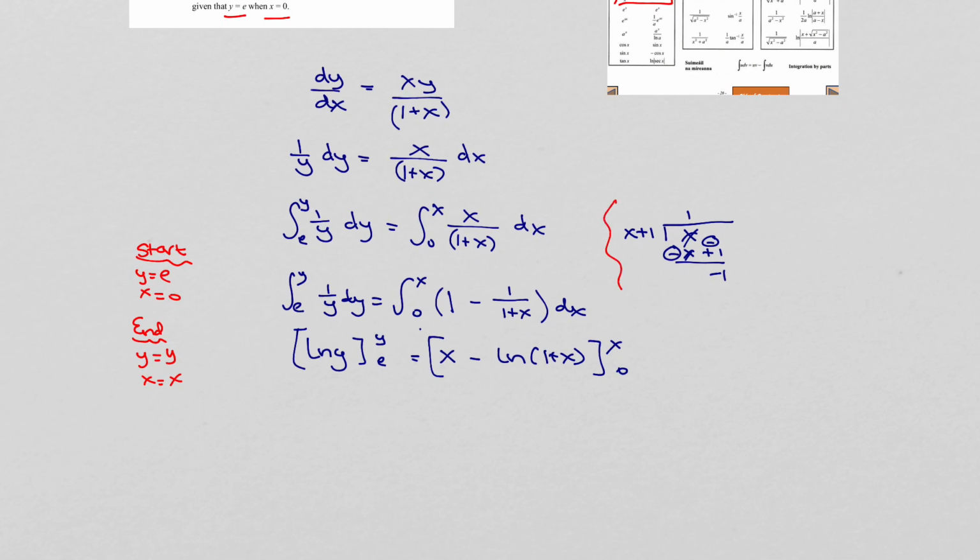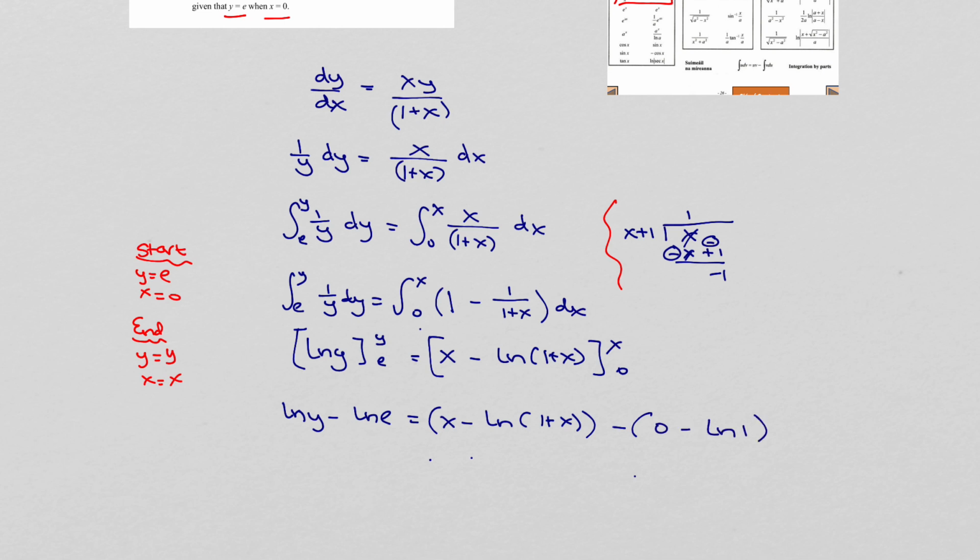Okay, so let's sub in the limits. So we're going to have natural log of y minus natural log of e. And then we have x minus natural log of 1 plus x, minus 0 minus natural log of 1.